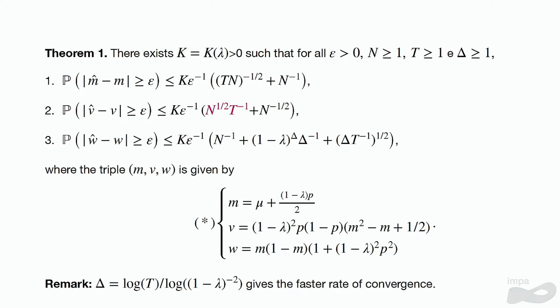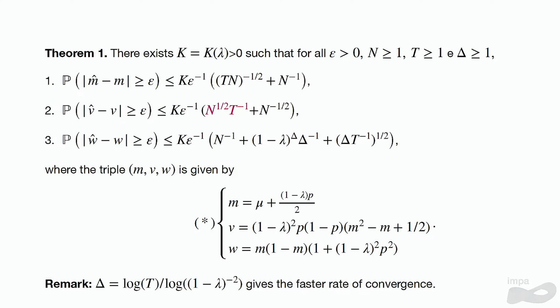So what I want to show is, assuming that I know m, v, and w, I want to isolate p, mu, and lambda, right? So let's have a look at the third equation.